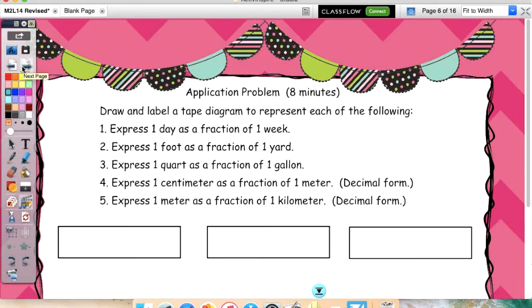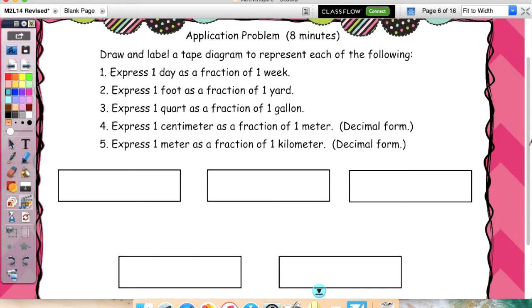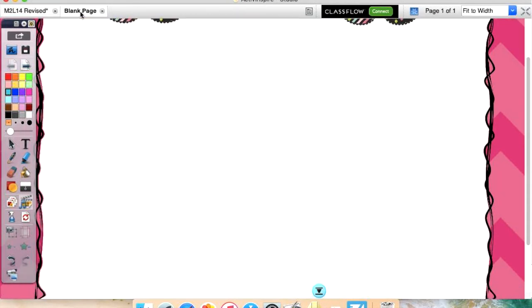Okay, let's do this. Now, before we do this, we need to write ourselves a resource page. So do you have a blank back to this anywhere? On the very back. Okay, on the bottom of the very back. Let's turn to that.